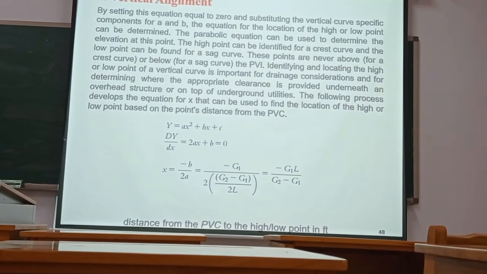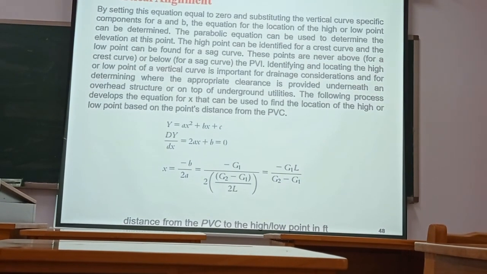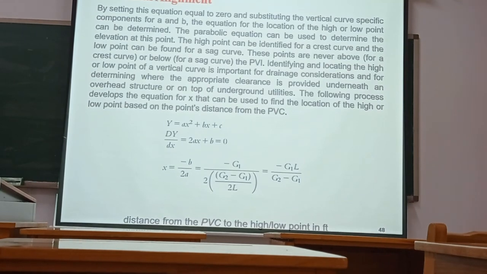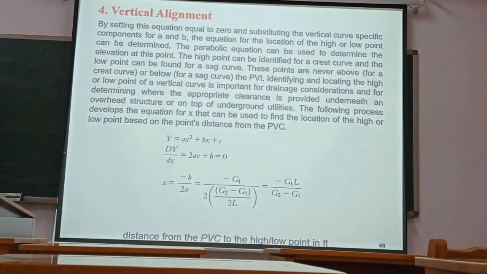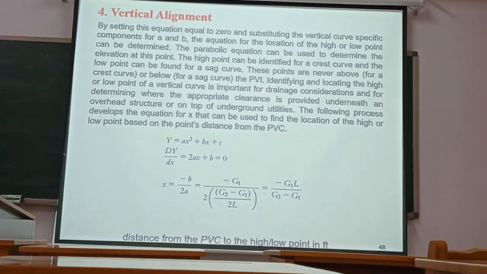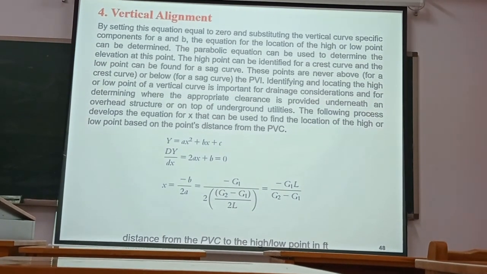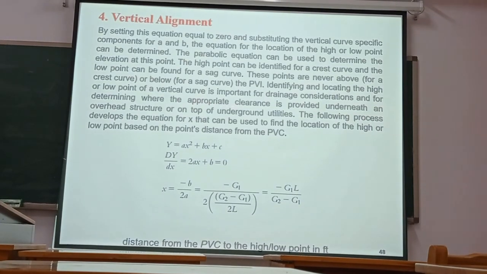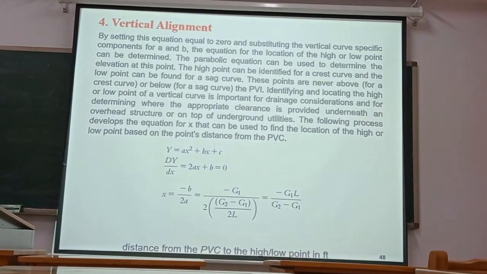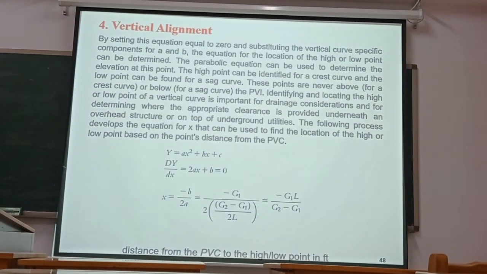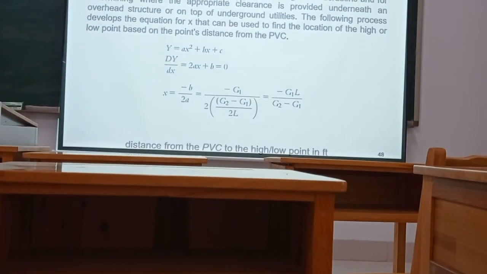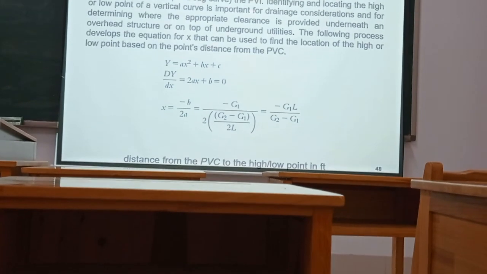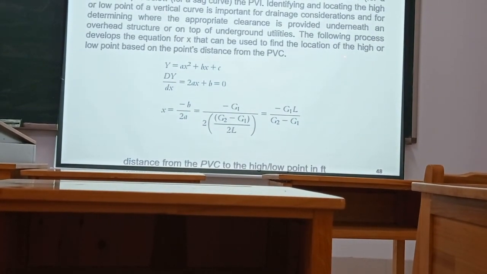So, locating the high or low point of a vertical curve is important. One reason is drainage consideration, and another is the appropriate clearance. So we should consider these two aspects.